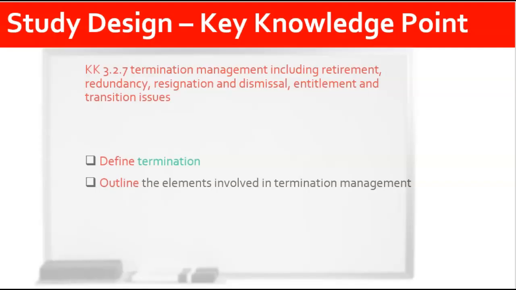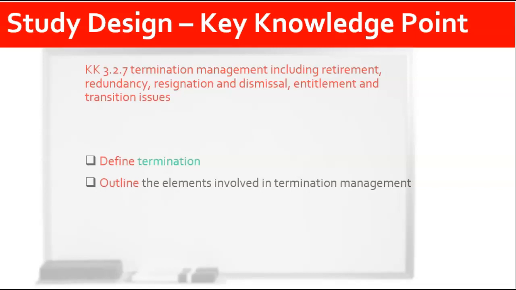So the way we will conduct the online lessons is the same as we would in class. We'll just follow the key knowledge points from the study design. From a remote learning point of view, it makes Year 12 studies a lot easier than the other year levels, because there is a very set format to what we need to cover, and it will help us get through, and we'll keep the same time frame as if we were in class.